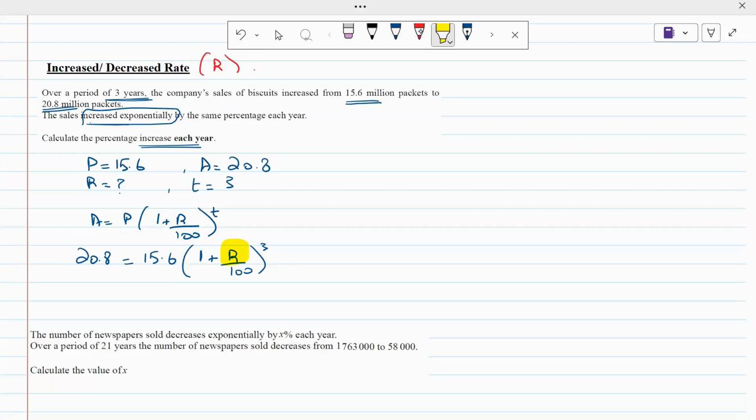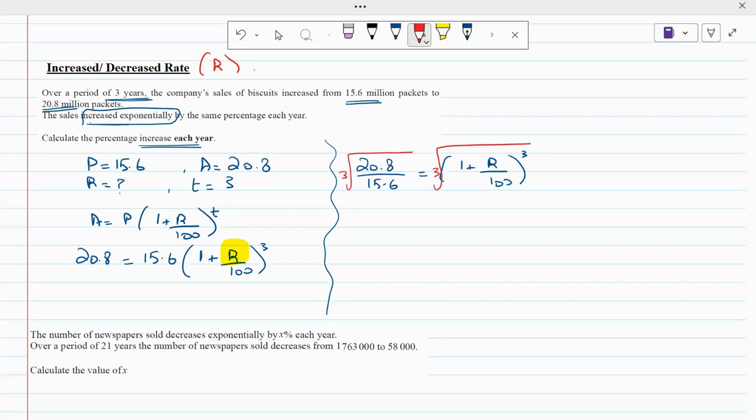So before taking cube root, you have to first separate the things. We'll do some simplification there. So we can write this as 20.8 upon 15.6 is equal to 1 plus R upon 100 whole power 3. And to finish this power 3, we have to cube root both sides.